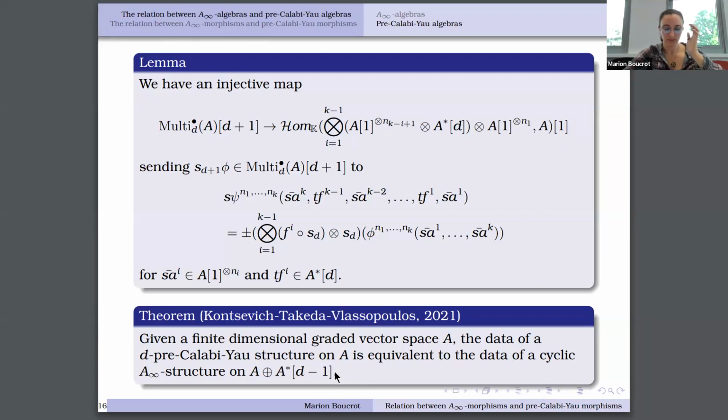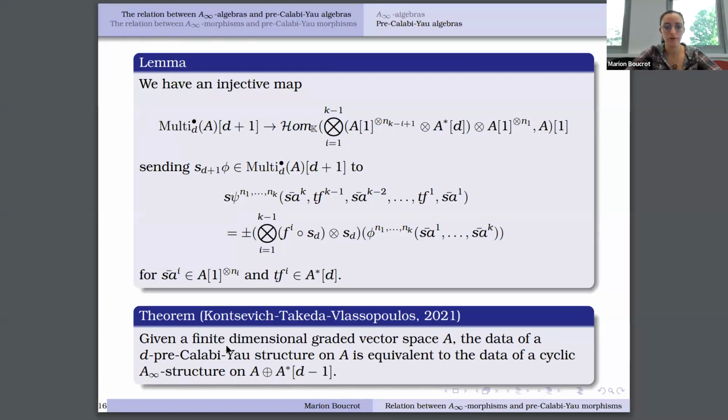So yes, we have also this assumption, but this gives us an equivalence between the pre-Calabi-Yau structure on A and a cyclic infinity structure on A plus A star, such that A is an infinity subalgebra of this one.